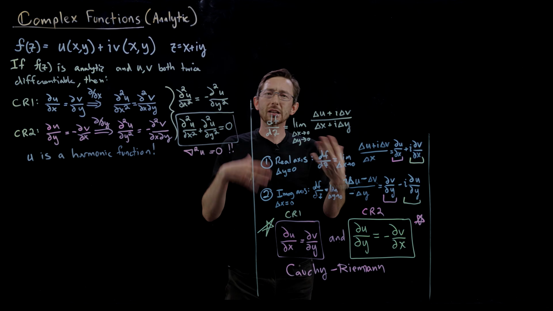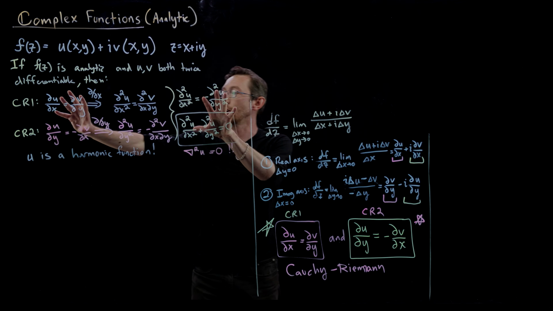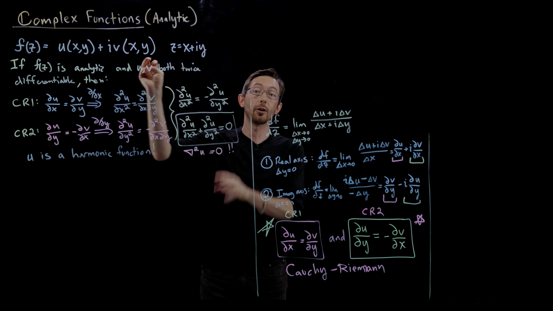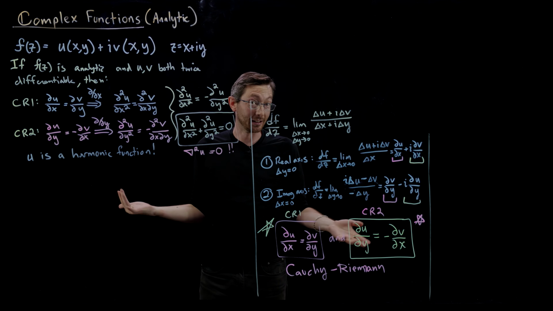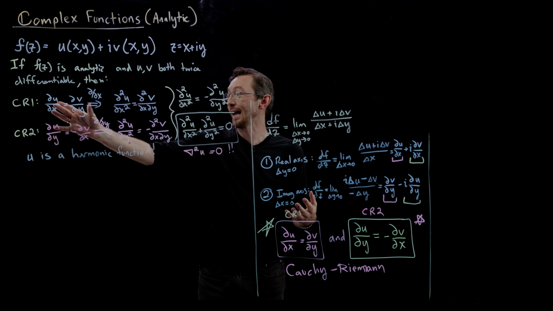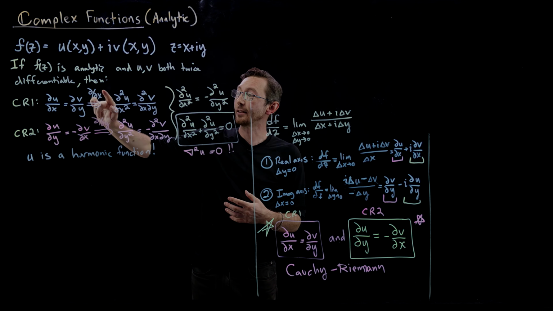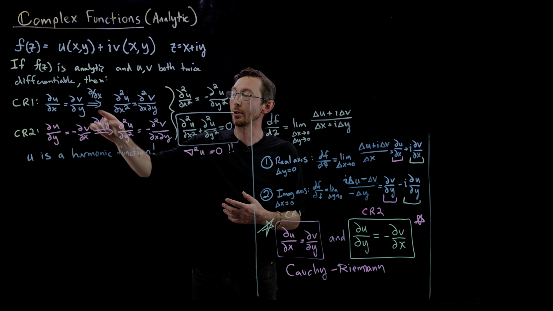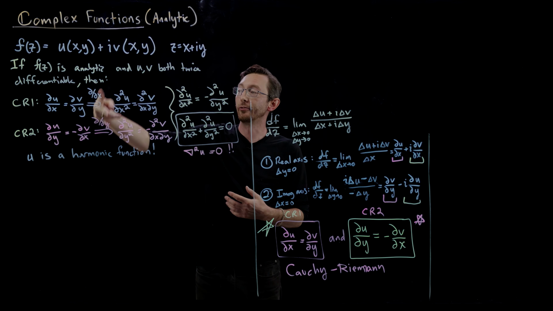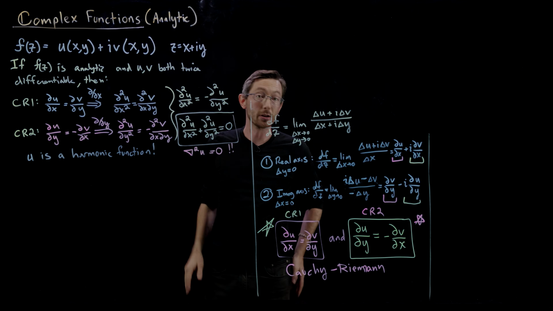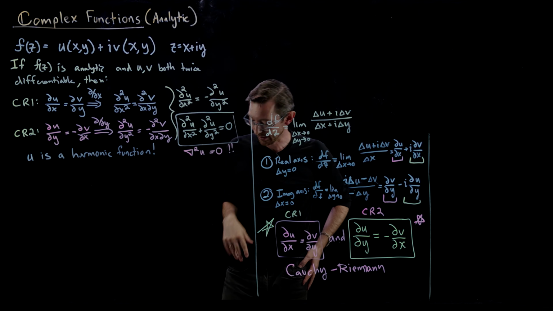Good. Just for practice, I'm going to show you how you would also derive the same thing for the imaginary part, for the v part. I'm guessing, again, this is just intuition, I'm going to take these exact same conditions, and instead of taking partial x of the first one and partial y of the second one, I'm going to flip those, and I'll get some other expression I can turn into a solution of Laplace's equation.